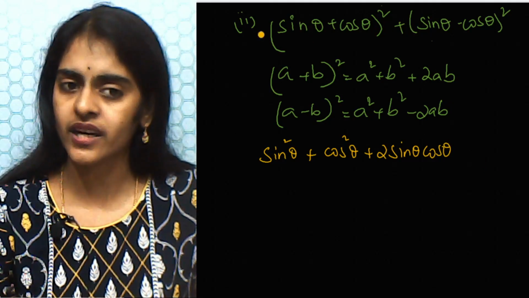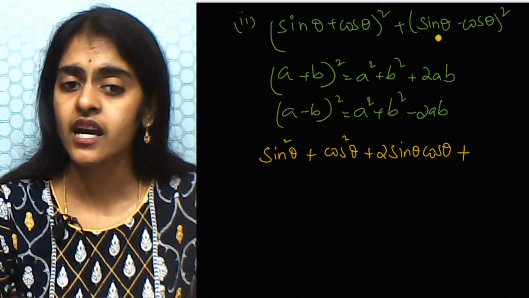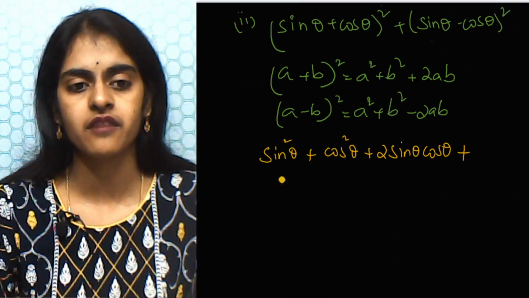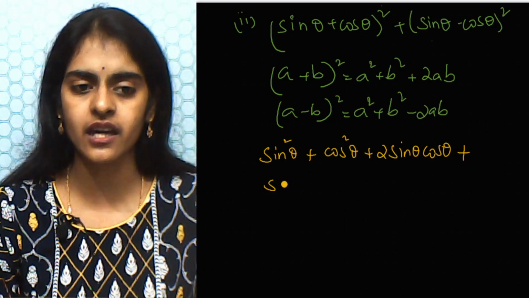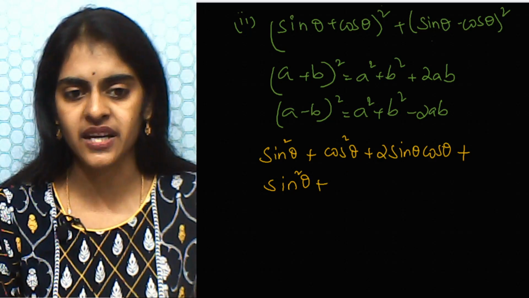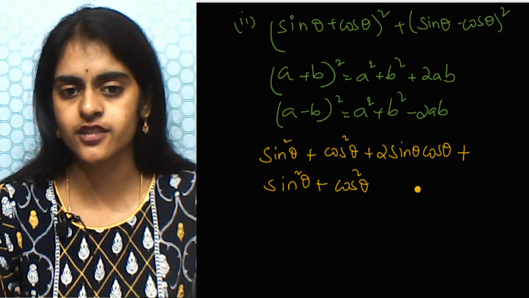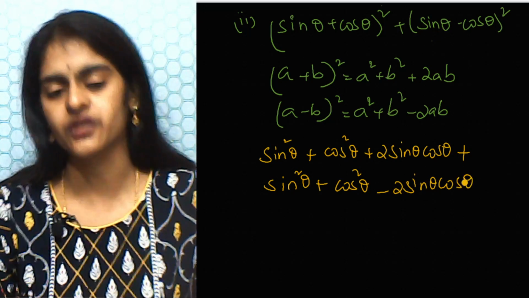This you have expanded. Now here's a minus b whole square, which is a square plus b square minus 2ab. So a square is sin square theta plus b square is cos square theta, minus 2ab, minus 2 sin theta cos theta. This is what you get.